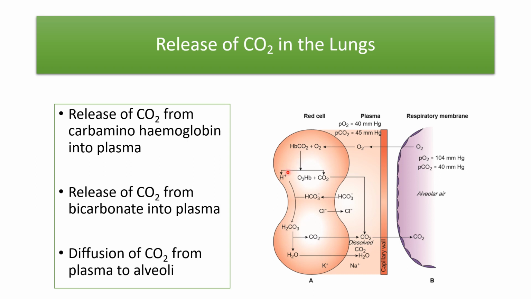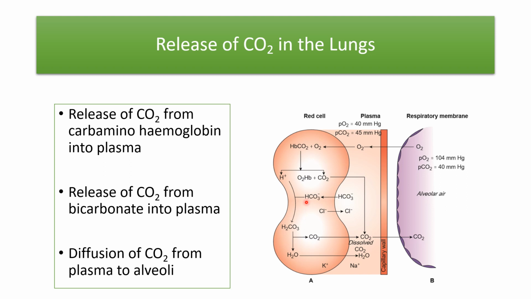So these H plus ions that are released increase the acidity and cause the bicarbonate from the plasma to enter into the RBC. The bicarbonate that is already present in the RBC along with that enters into the RBC. All of this bicarbonate will combine with this excess of H plus that has been released from the hemoglobin due to the combination of oxygen.